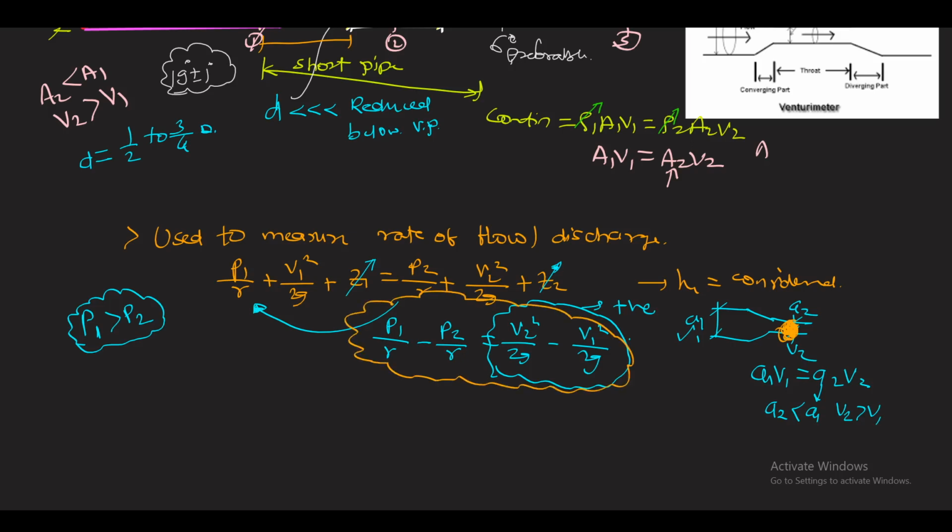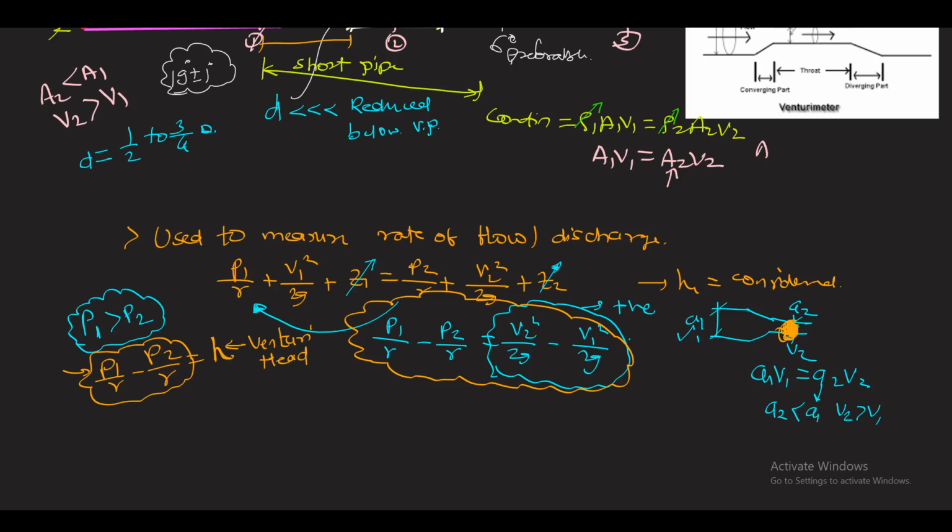There is a simple derivation of the venturimeter, and we are going to derive that. So this P1 by gamma minus P2 by gamma, what is this? This is the pressure head, correct? So whatever value I get here is nothing but the Venturi head.